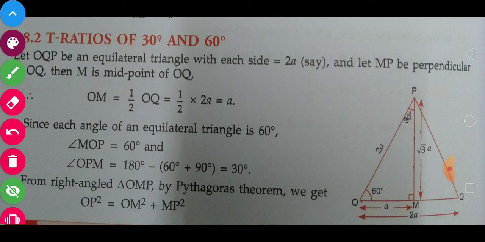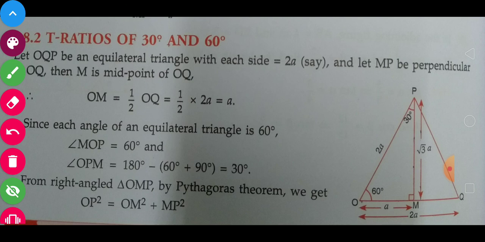And suppose I draw this PM, where M is the midpoint of side OQ. So this PM is also perpendicular, because in an equilateral triangle the median is also the perpendicular bisector.